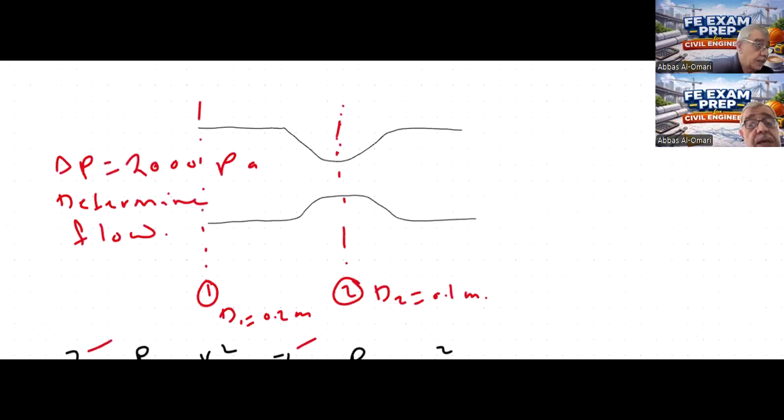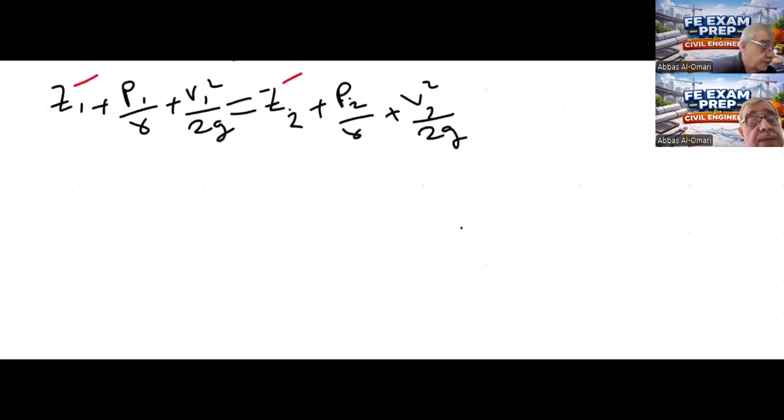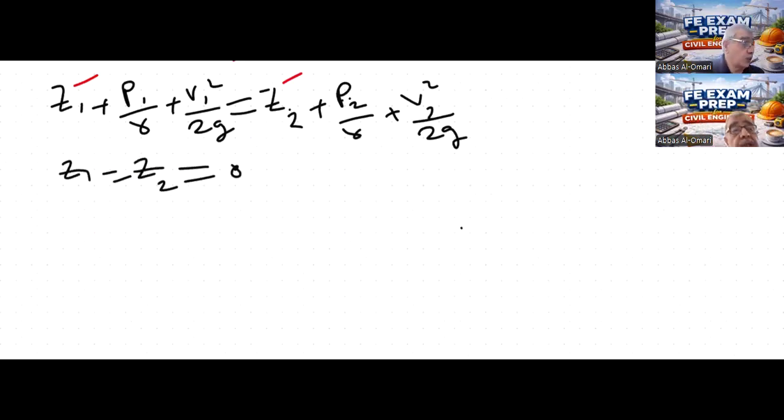So this is the datum where Z equals 0. Going back to the equation, as the datum is at the center line, Z1 equals Z2 equals 0, so we eliminated Z1 and Z2 in the Bernoulli equation.